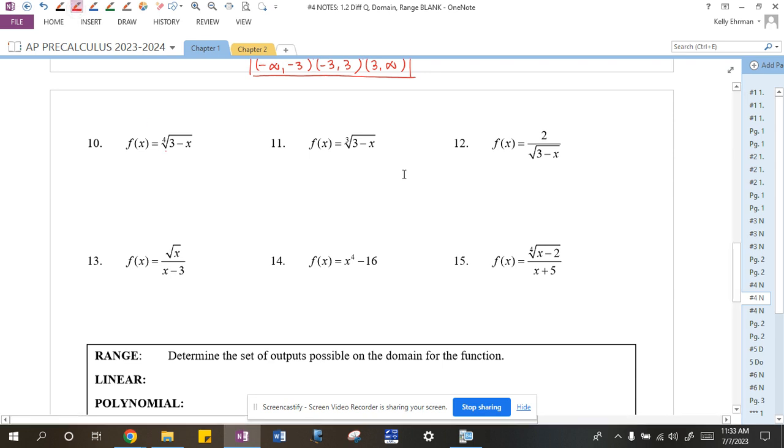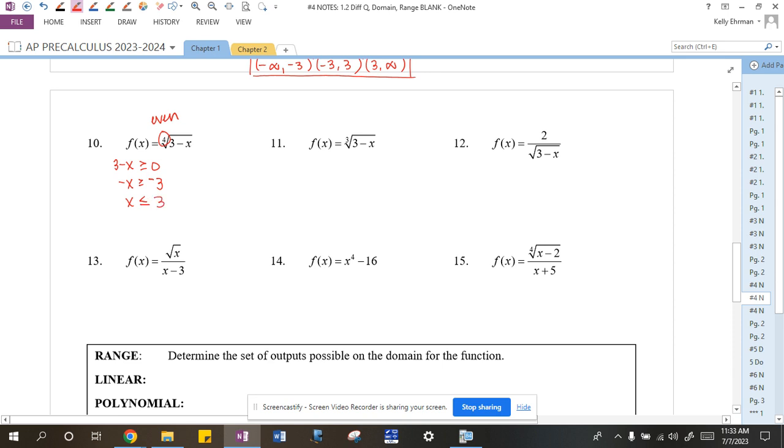What about even roots? Square roots, I said radical functions have to stay positive. Any even root has the same rule as a square root. So 3 minus x needs to remain greater than or equal to 0. Now careful here. If you're solving for x, when you multiply or divide by a negative, that changes the inequality symbol.